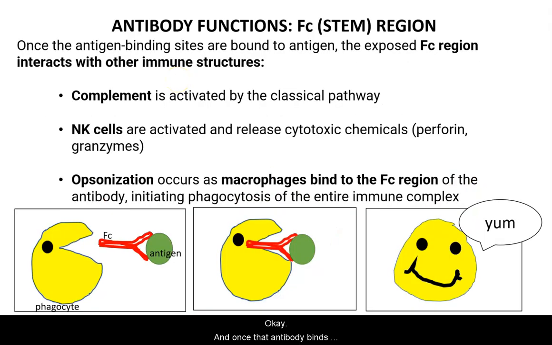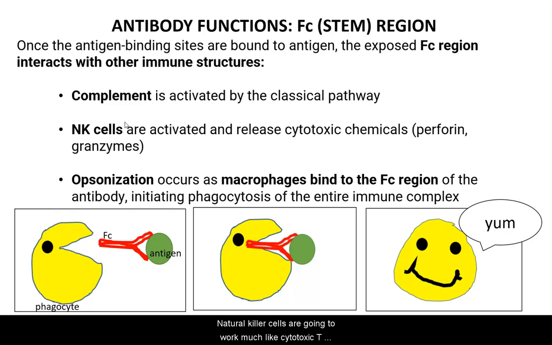Okay, and once that antibody binds the antigen, remember that there's that stem region of the antibody that is able to go on and interact with other immune structures. It can go on and activate complement through the classical pathway. It can activate natural killer cells.